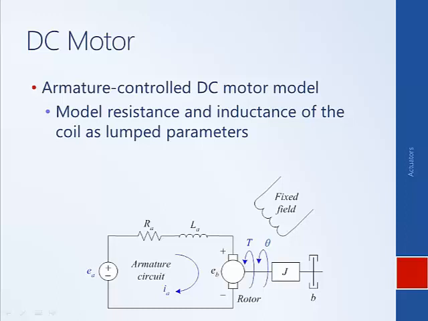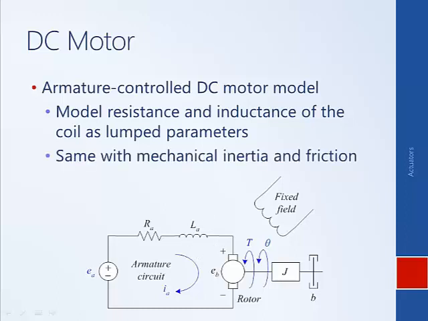So there isn't literally a resistor and an inductor within the motor, but we can take that long length of wire and capture its resistance in a single parameter R_A and its inductance in a single parameter L_A.